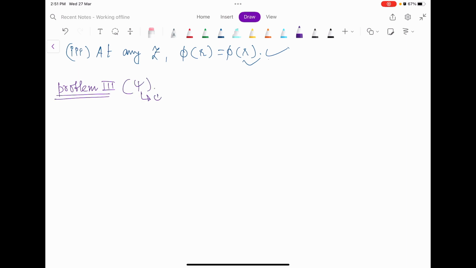So psi is a function of both r and z. My psi is T minus Tb minus small phi, right? So this is my psi.